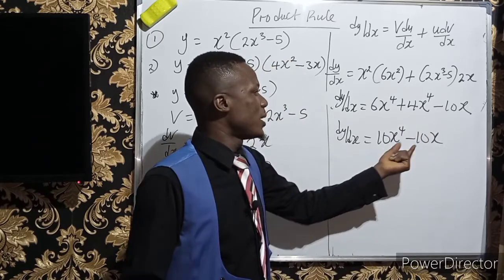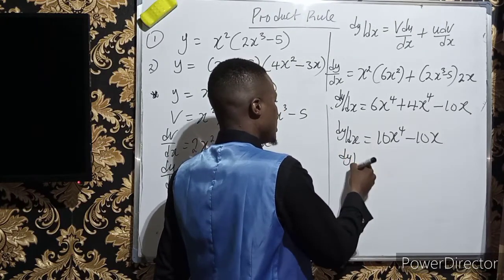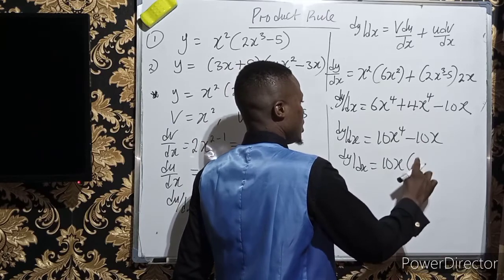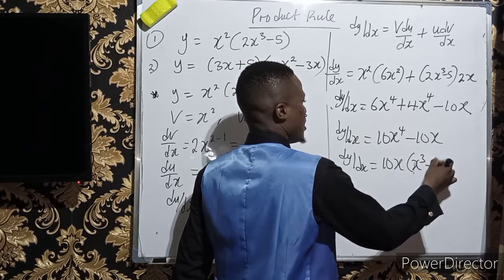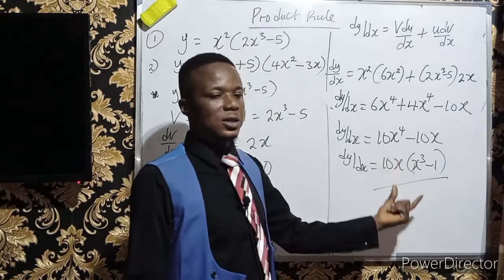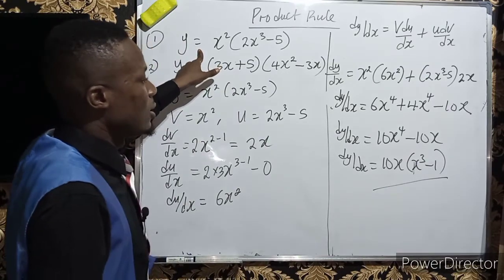Now since 10 is common and x is common, you can factor it out. So dy dx is just 10x into x cubed minus 1, because when I open the bracket I will get back this. This is just the product derivative of the first function here.